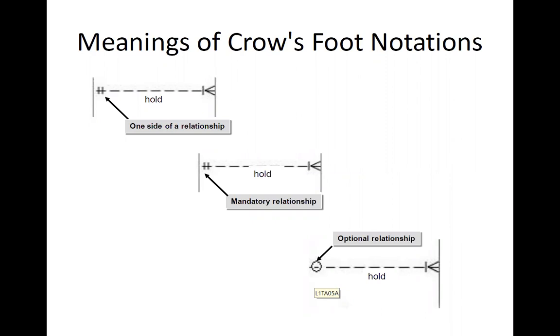On one end, it's the parent entity. On the other hand, that's the child entity. On the parent entity's side, the maximum is 1. Always 1, because otherwise you are going to get very confused.